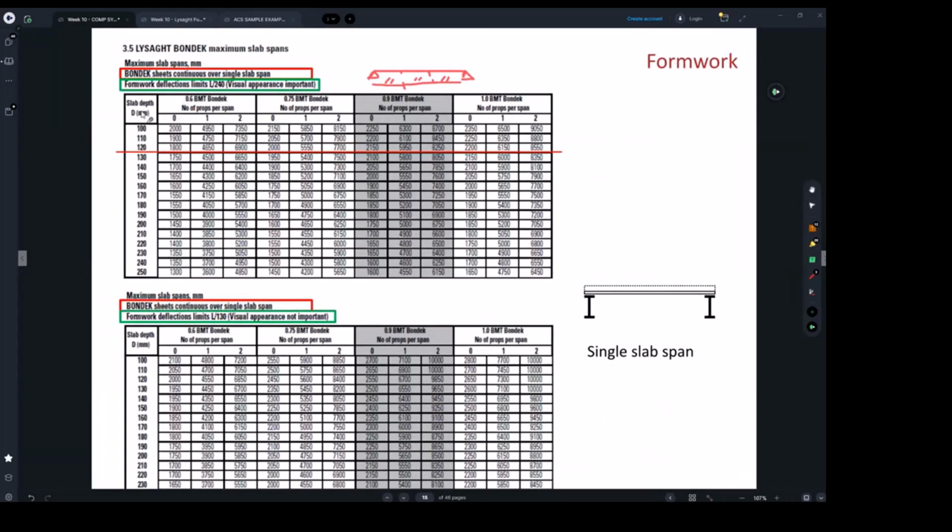So using the table is really easy. You just need to carefully read the question and see which table is applicable.